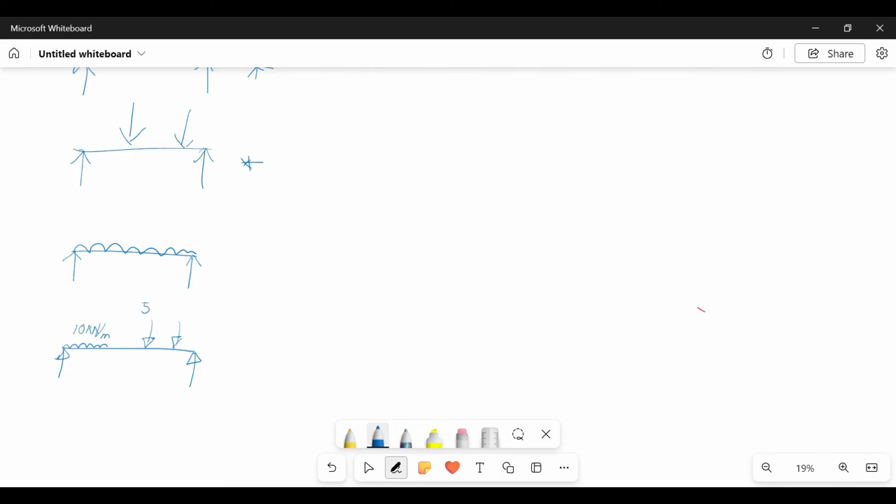This point load is 5 kilonewtons, and this one is 5 kilonewtons. That's A, that's B.